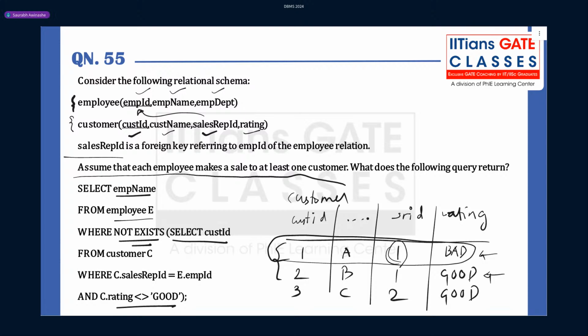Similarly, when we go to employee two, since the rating is good, the customer ID won't be selected, and an empty relation will be returned by the inner query. Then not exists will evaluate to true, and again the employee name for the employee ID 2 will be displayed.